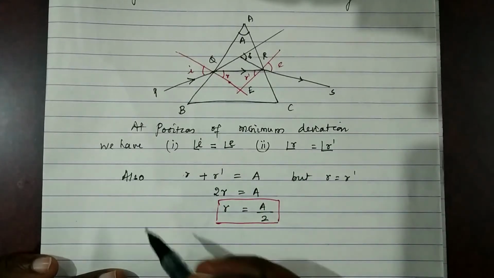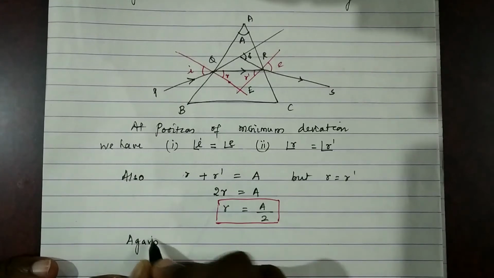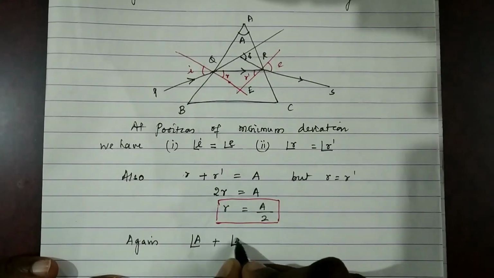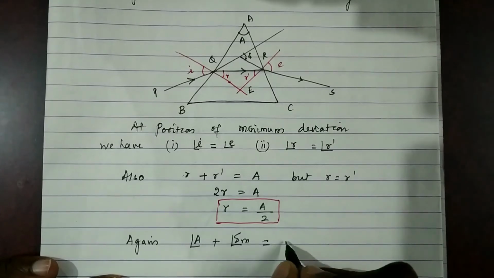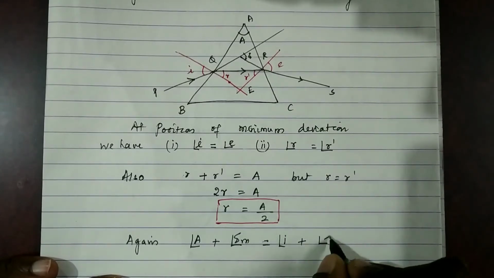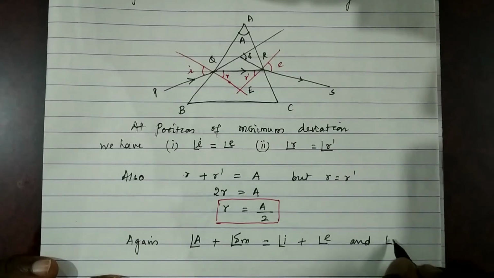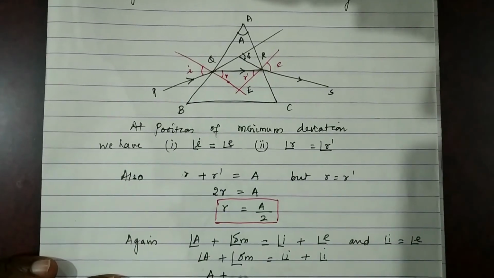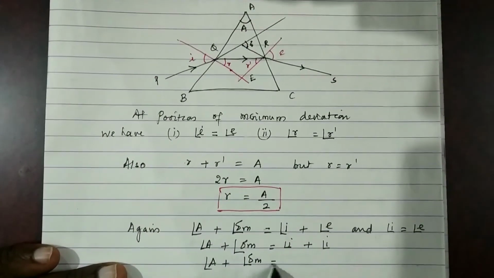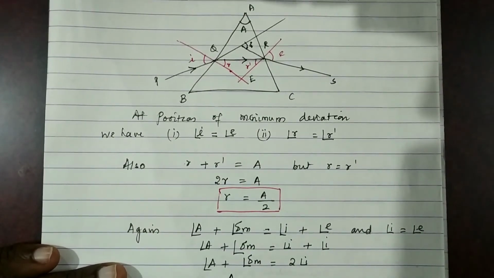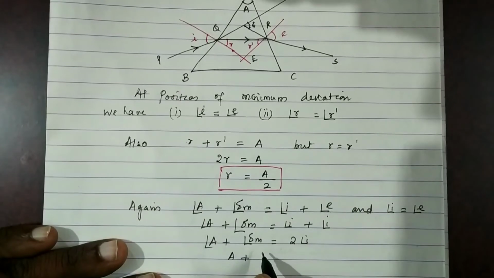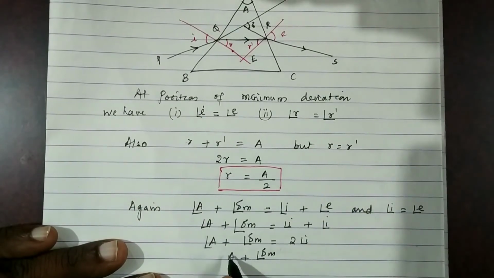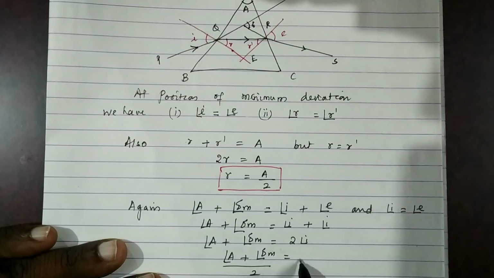The next one: A plus delta M is equal to I plus E, and I is equal to E, therefore A plus delta M is equal to I plus I, that is 2 into I. So (A plus delta M) by 2 is equal to I.